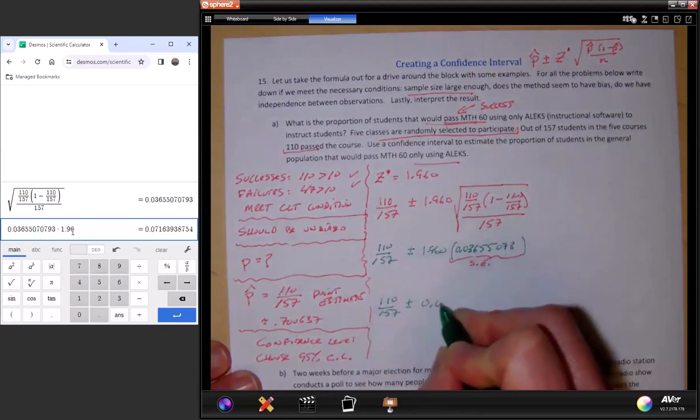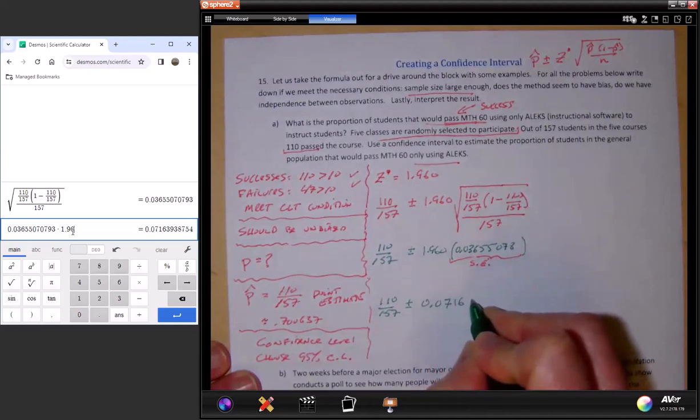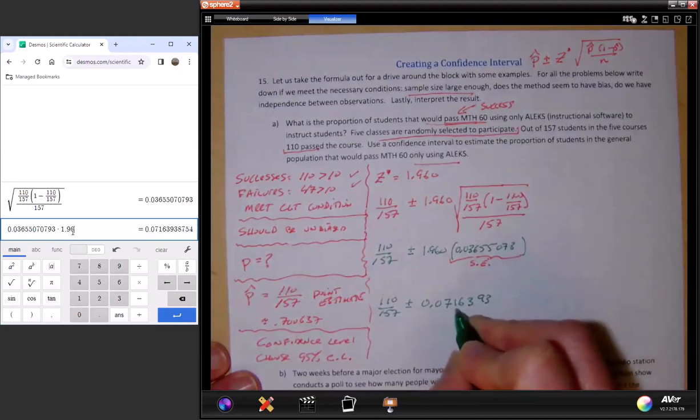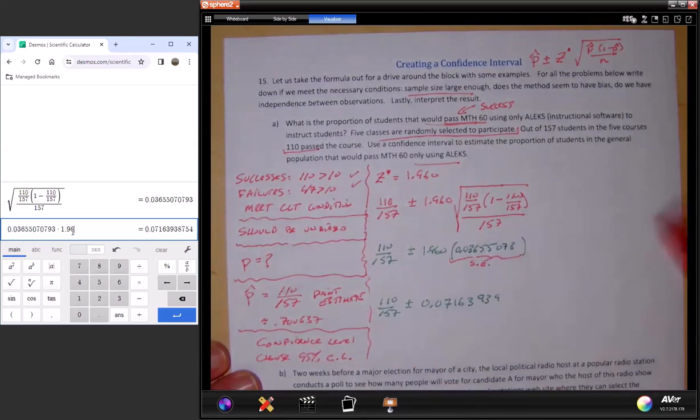So this value is my margin of error. That should be plenty. 1, 2, 3, 4, 5, 6. So there is my margin of error.